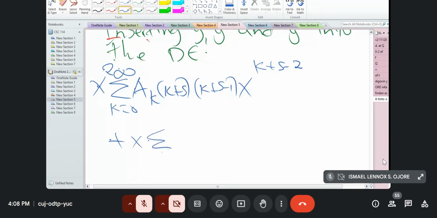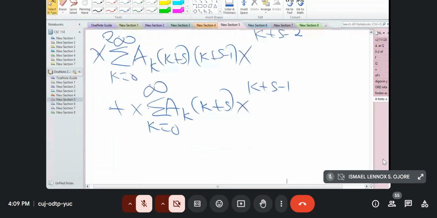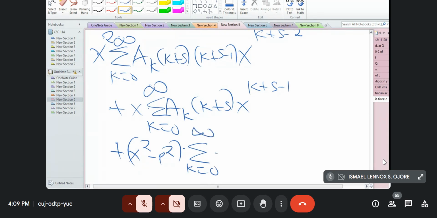Y prime is summation from k is 0 to infinity a sub k times k plus s, x to the k plus s minus 1, plus x squared minus p squared times y. Y is summation from k is 0 to infinity a sub k x to the k plus s. We need to set this equal to 0.